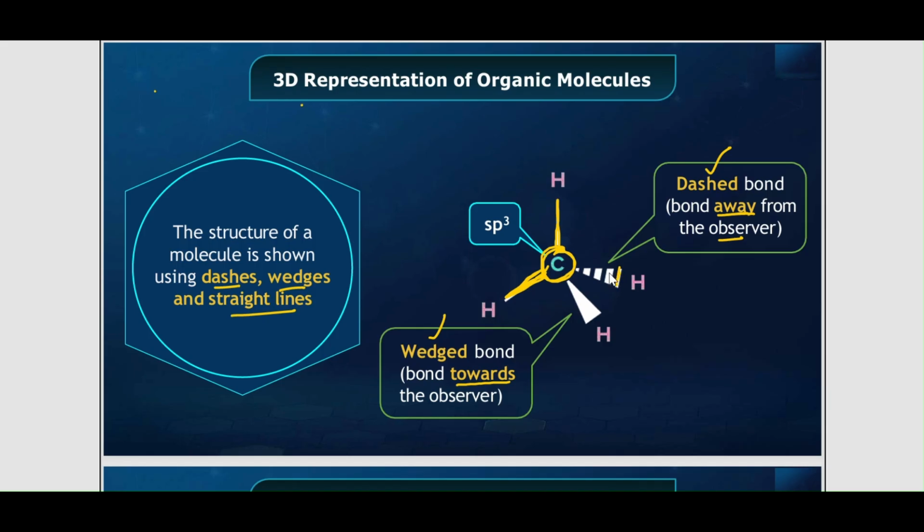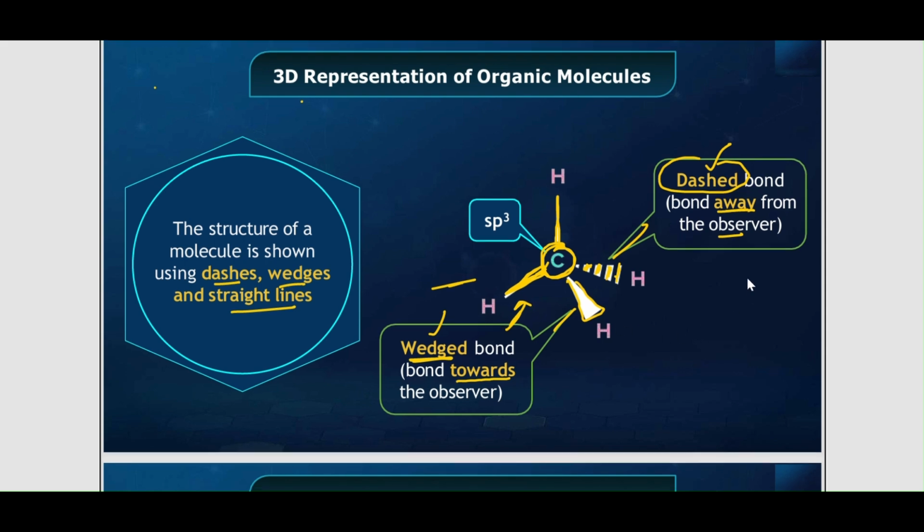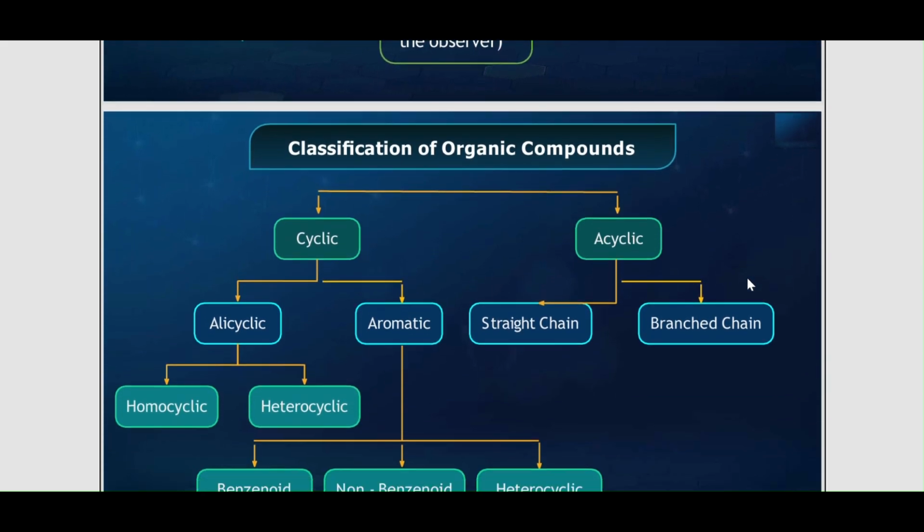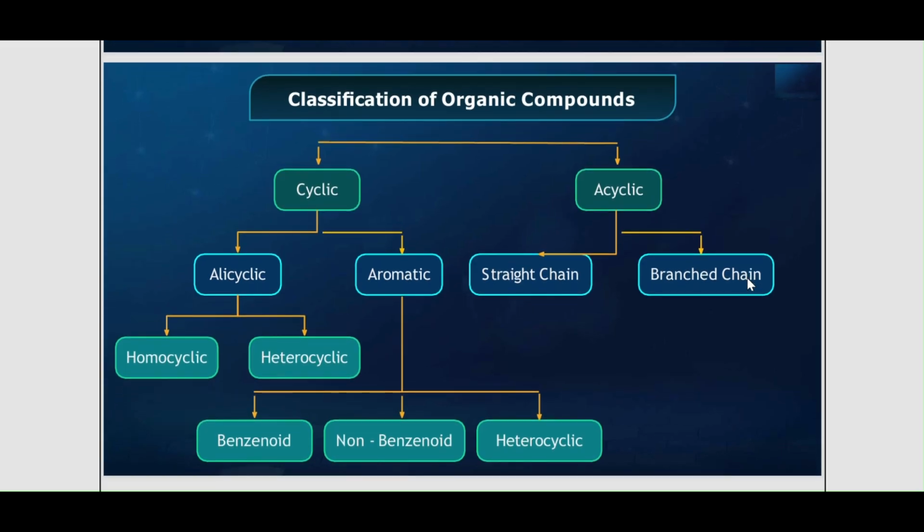So these symbols can be represented: the dash is nothing but away from the observer. Which is away from the observer is denoted by a dash, and which is close to the observer is known as a wedge. So a wedge can be indicated like this, and these two atoms are present in the plane of the paper. Clear. Now we can see the classification. The original organic chemistry is now going to be started.